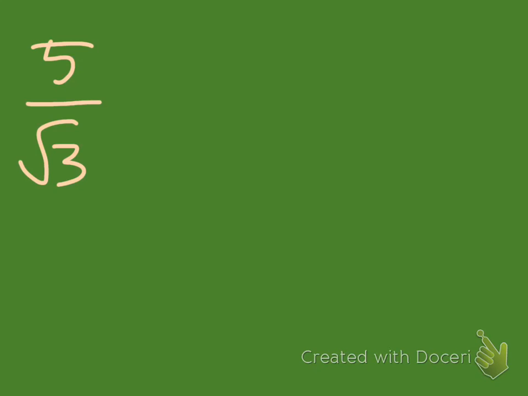Back in the olden days, before they had calculators and slide rules, and I'm not sure you even know what that is, they had to find out what the square roots of numbers were. They'd have to memorize quite a few of them.